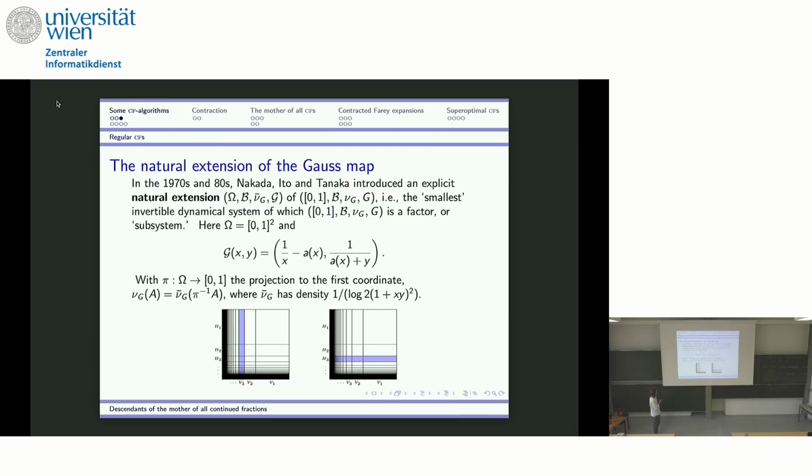Here, the density of this two-dimensional measure, nu sub g bar, is given by 1 over log 2 times 1 over (1 plus xy) quantity squared. This is a slightly different representation than the one mentioned earlier by Hitoshi, but it's isomorphic to that one.